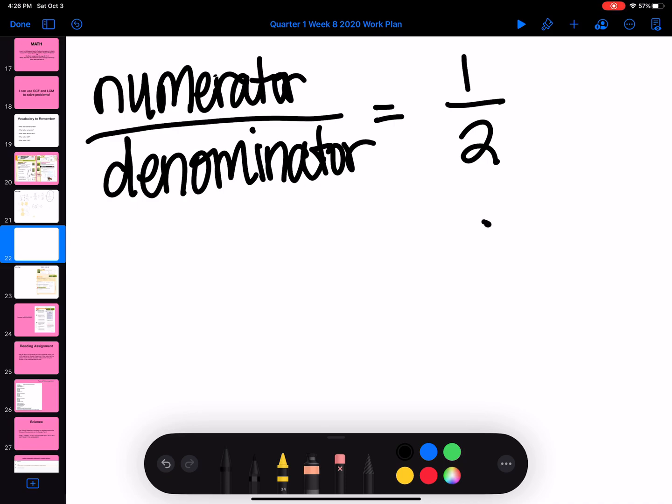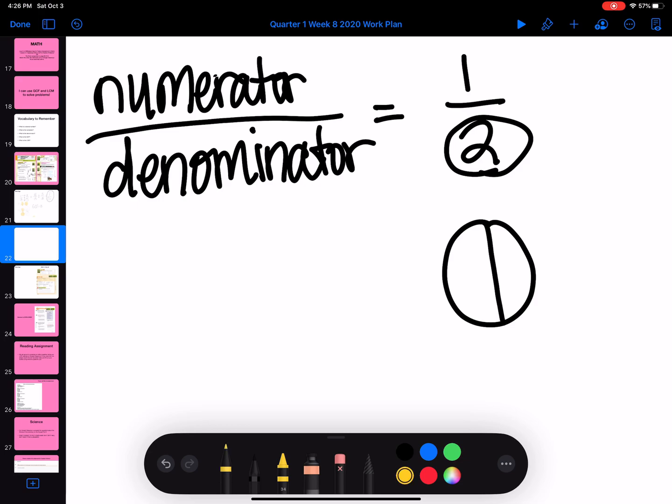If I have one whole pie, the denominator tells you how many pieces there are. The numerator tells me how many pieces I have shaded in, so like how many pieces I have. So for 1/2, again, the numerator is the part that you have and the denominator is how many parts there are to a whole.